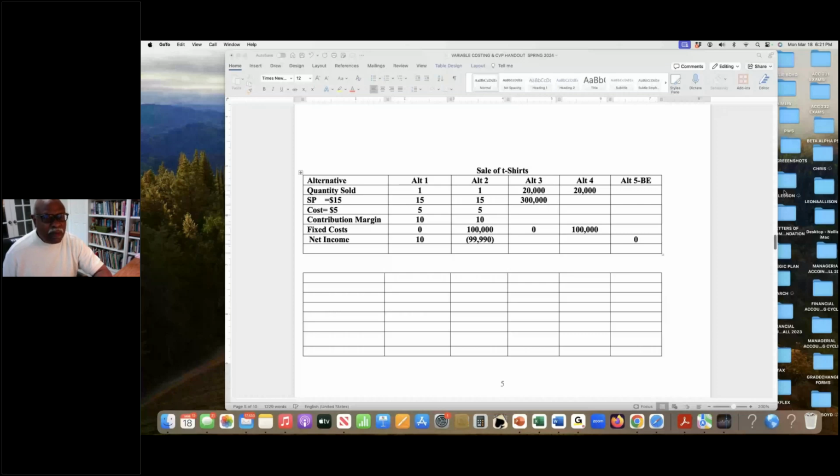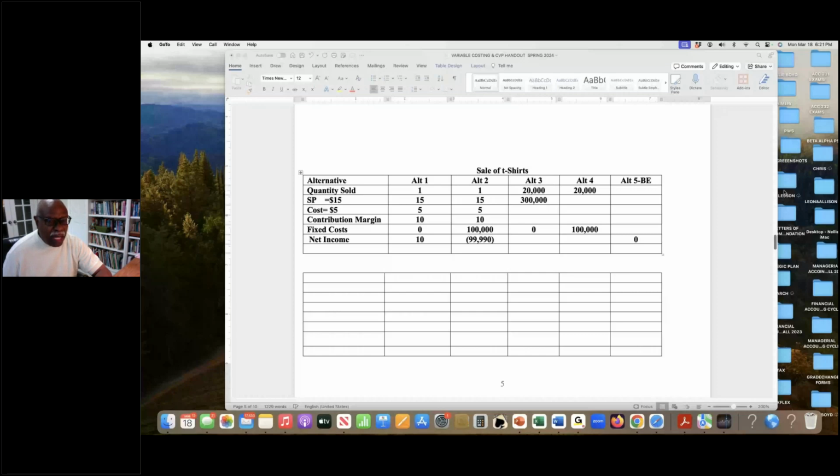Let's assume that we sell 20,000. Then the selling price is going to be 15 times 20,000, and so that's going to be 300,000. Okay? Any questions? Now that cost is $5 each.